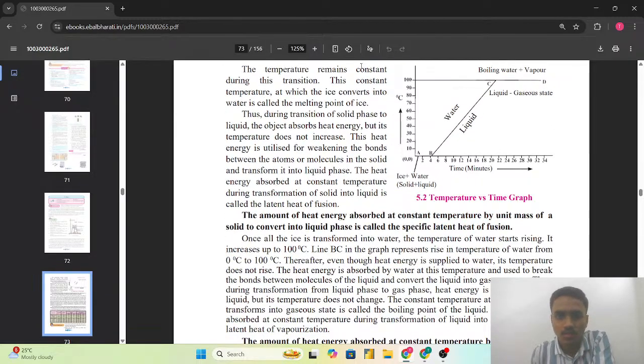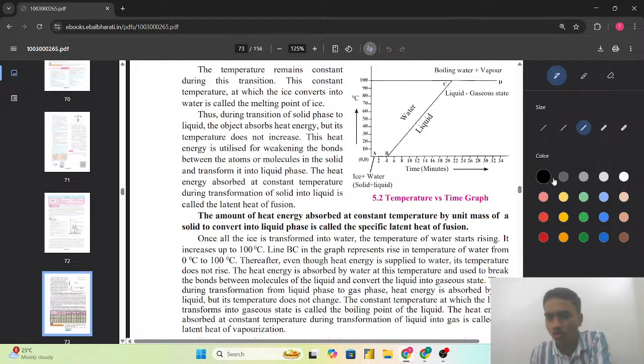As we can see, the temperature of the water remains constant from A to B. For this part, from A to B, there is ice, till point B, that is the 4 minute.